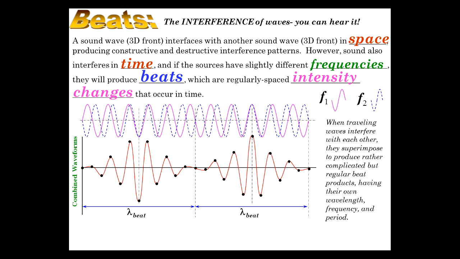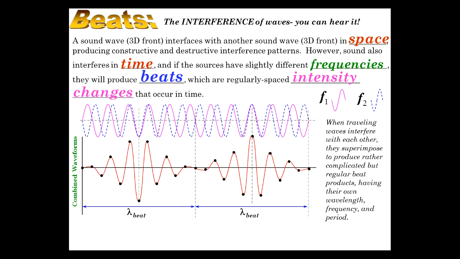Because it's produced in the medium, the speed of the production of these beats is the same as the speed of the medium, and the medium is air. So notice that the wavelength here is pretty long in this case. You can see where it's a maximum and a minimum.